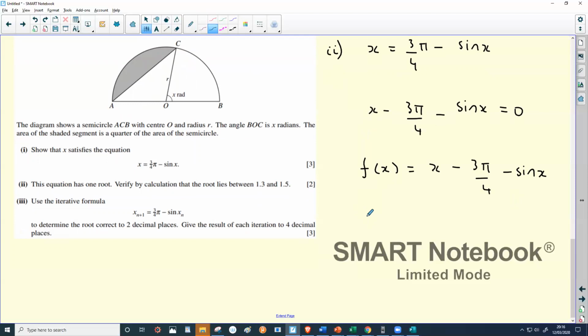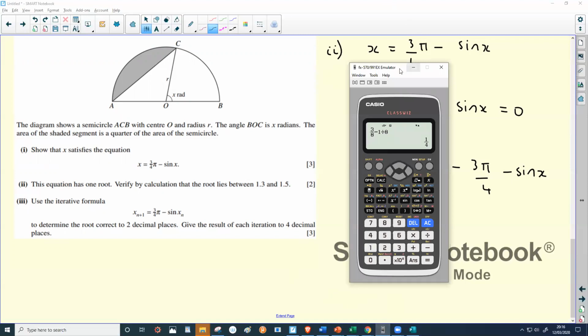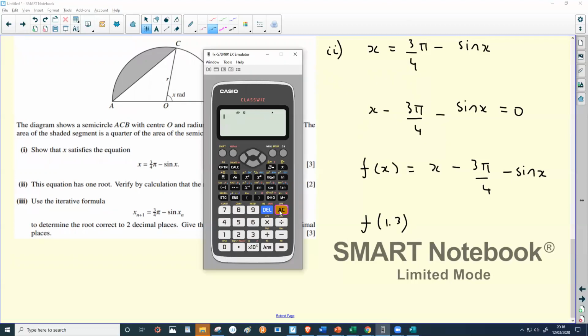And now I'm going to substitute 1.3 and 1.5 in for x. So let's have a look at f of 1.3. So calculator. Again, I like storing these values. 1.3 store into A. And now I can type in alpha A minus 3 pi over 4.